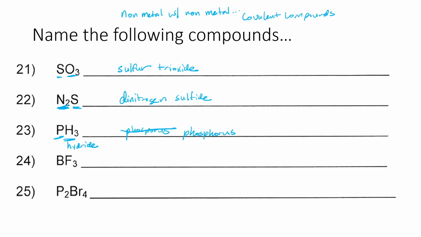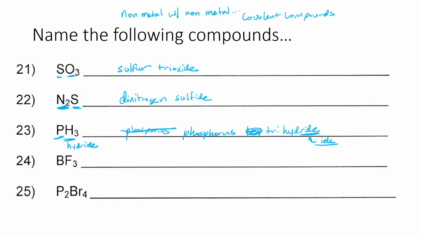And then we have 3 hydrides, so that would be trihydride, not "try" like that, but tri like the number 3. Just remember that whenever you have a hydrogen that's acting like a nonmetal, you always end it with "ide," like you do with all the other nonmetals.